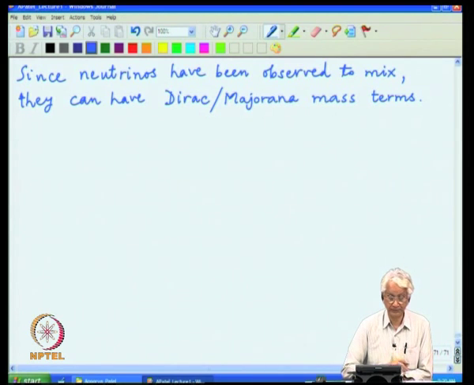So, this is a particular feature that Majorana fermions are their own antiparticles, and that leads to peculiar effects.